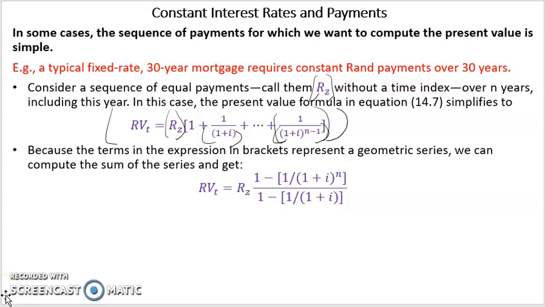Because the terms in the expression in the brackets represent a geometric series, we can compute the sum of the series and get to this equation here. This is an equation you would use in a case where, for example, one has won 1 million rand from a lottery ticket, and they are presented with a check of that 1 million rand.